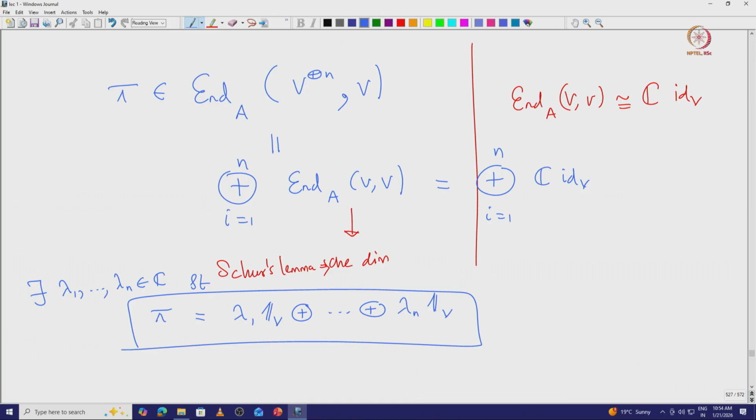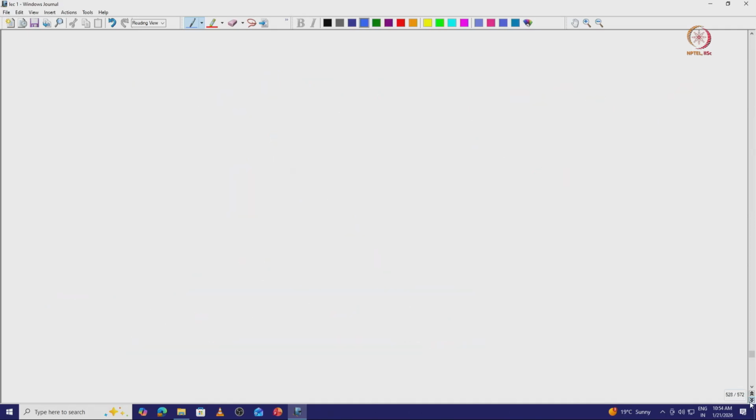So, this is a very strong restriction. Now if we use this restriction and rewrite what value pi can take, you can see that pi of u1 etc. un is going to be exactly equal to lambda 1 u1 plus etc. plus lambda n un for u1 etc. un coming from capital V. So, this is the property that we have, but note that pi restricted on AV is 0.